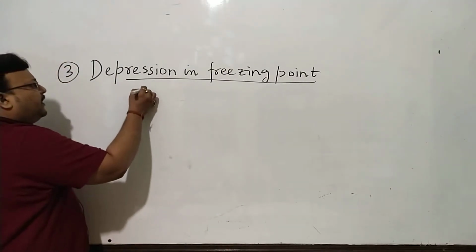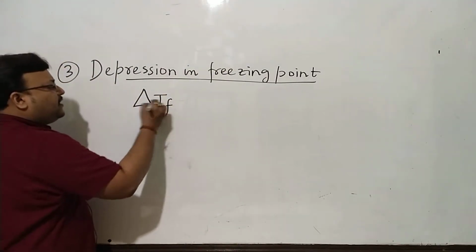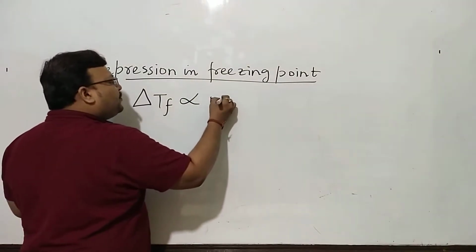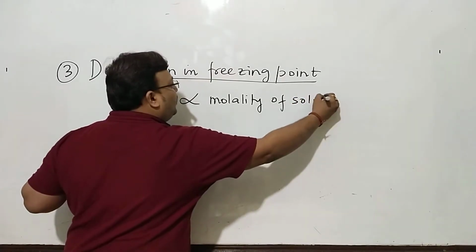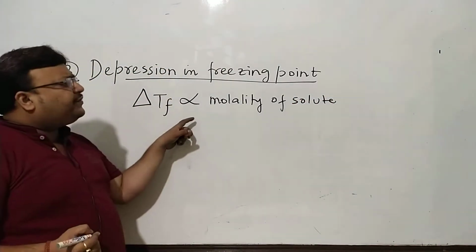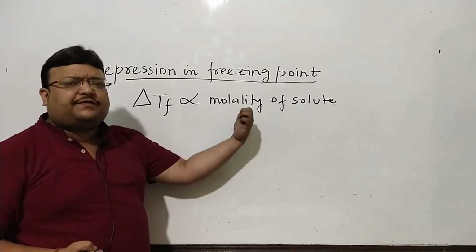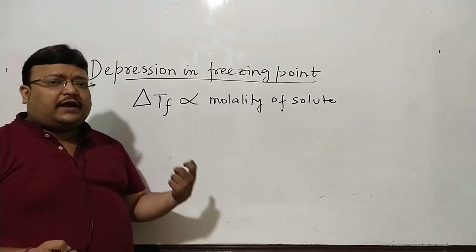And if the corresponding expression is delta TF, this is also found to be proportional to molality of the solute. Yet again, it's proportional to the count or the concentration of solute particles only. So it's a colligative property.